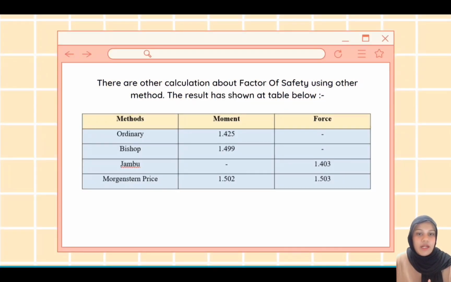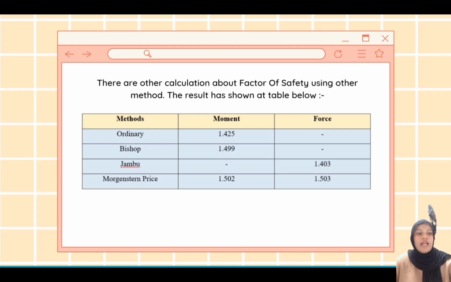So the other calculation of factor of safety using other methods, the result has been shown in the table below. Method ordinary, the moment is 1.425, and for the force, there is no force. And then the second method, Bishop, the moment is 1.499, there is no force also.